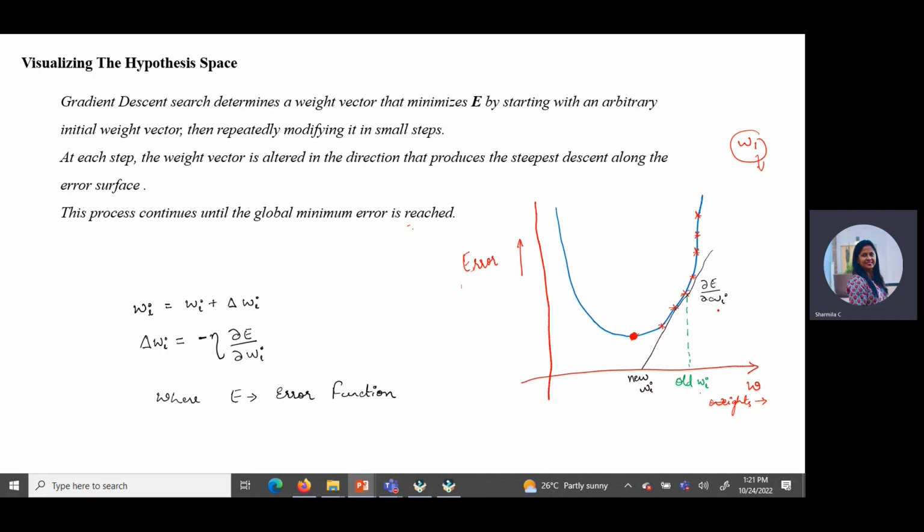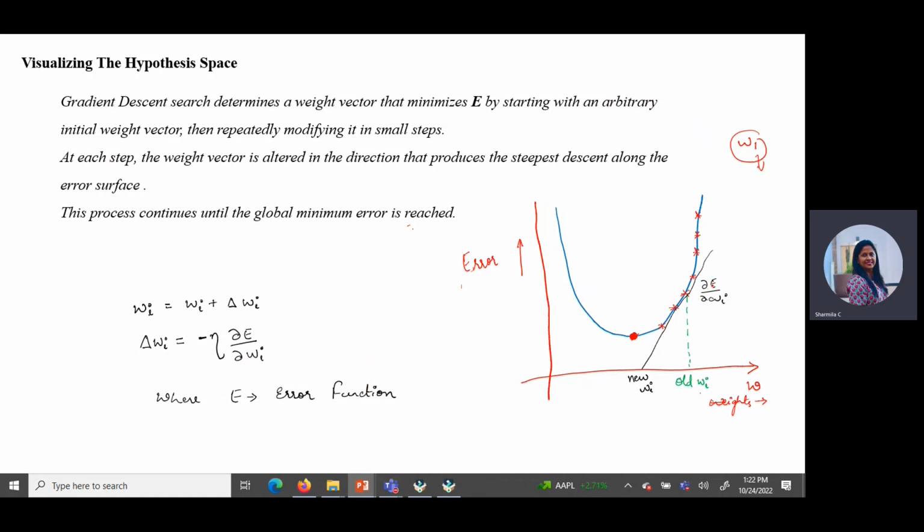So the gradient is nothing but the derivative. We take the derivative of E with respect to the weights, and that is called the gradient descent algorithm, which minimizes the error. The process continues until the global minimum error is reached. This is done using the delta rule, given as Wi equals Wi plus delta Wi, where delta Wi equals minus the learning rate times the derivative of E with respect to Wi, where E is the error function.